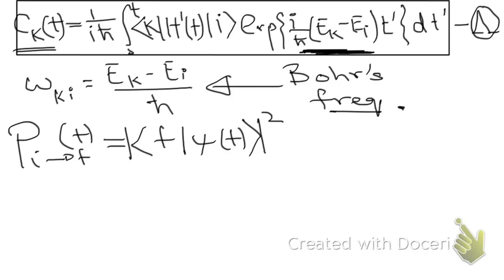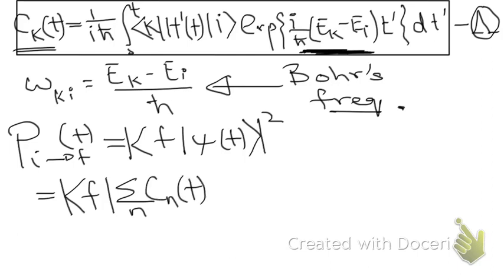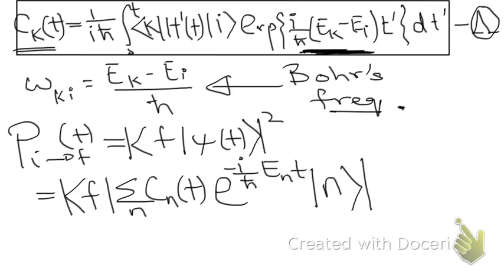So let's open this and write it down as F. Now my state psi of t was the sum over n of Cn as a function of time, exponential negative i over h bar En t, and my state n, squared.